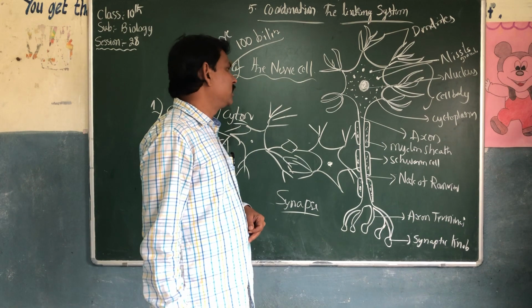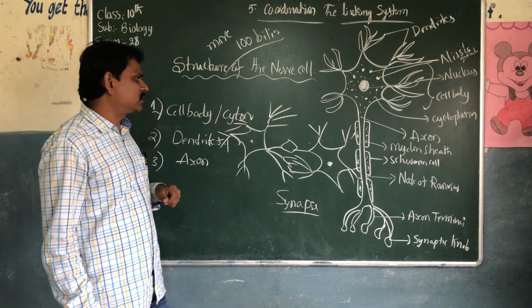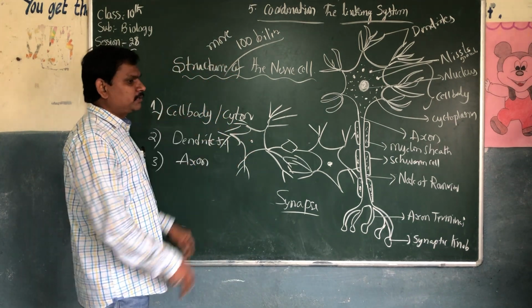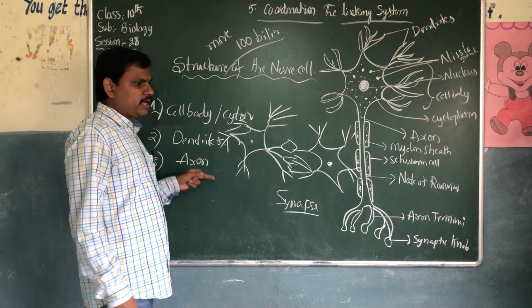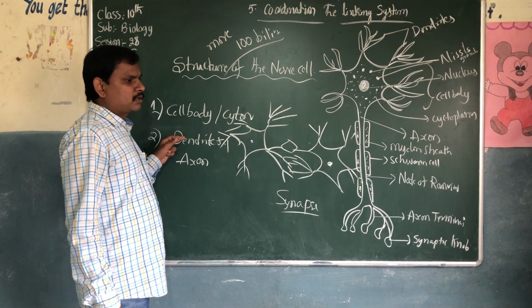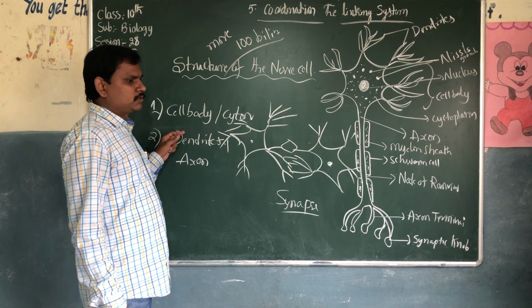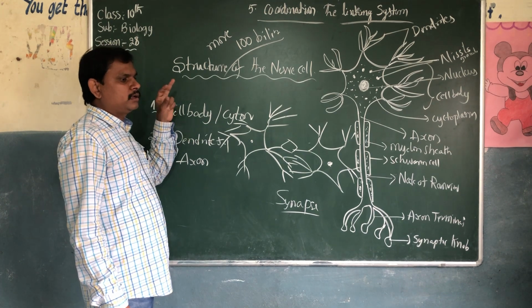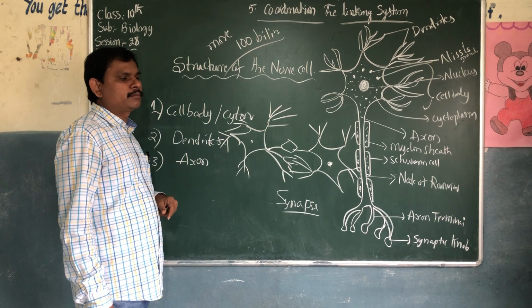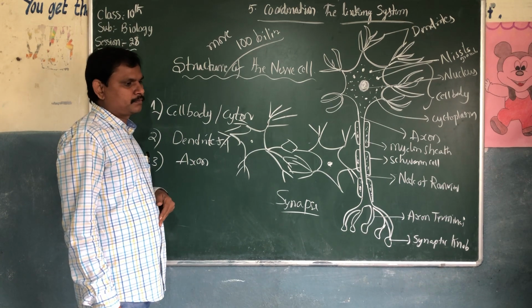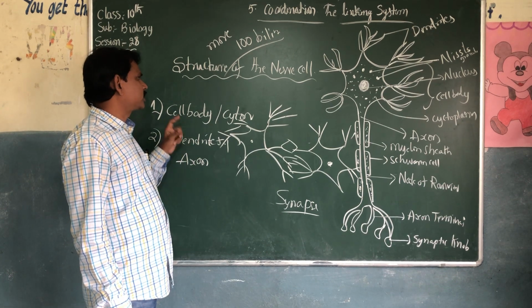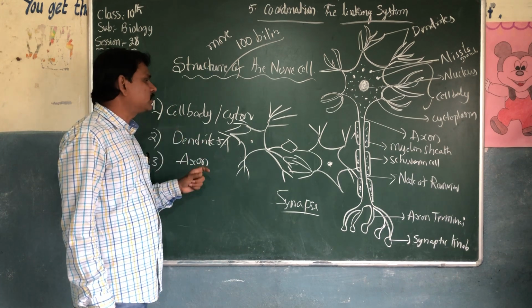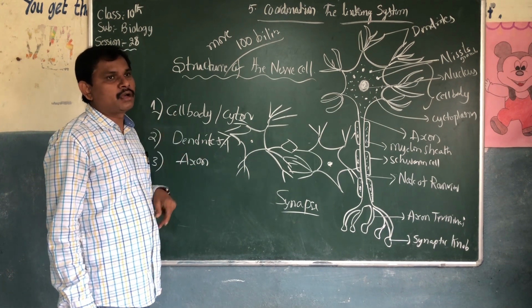We cannot regenerate the nerve cells. This is the structure of the nerve cells. The nerve cell is the structural and the functional unit of the nervous system.